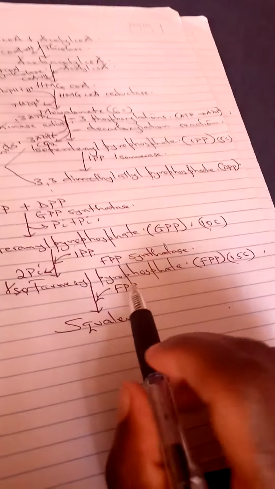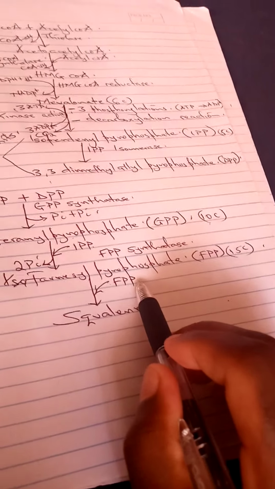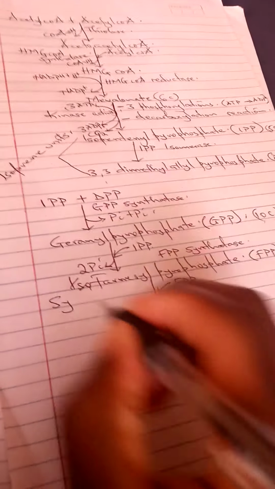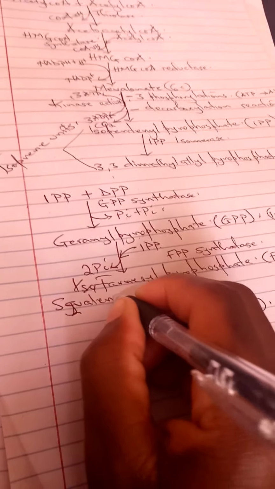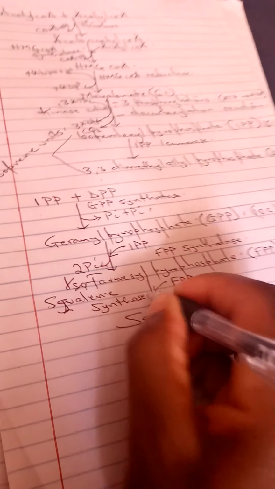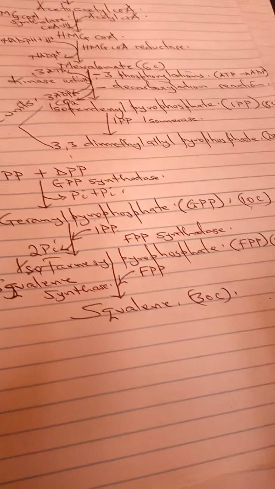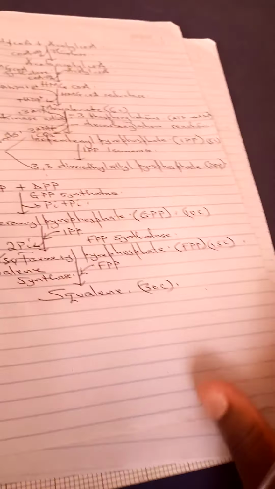It is 30 carbon in that we have 15 carbon plus 15 carbons, and so we get squalene, which is 30 carbons. The enzyme catalyzing the reaction is actually called squalene synthase. It is the one which is catalyzing this reaction. Now we form our squalene.